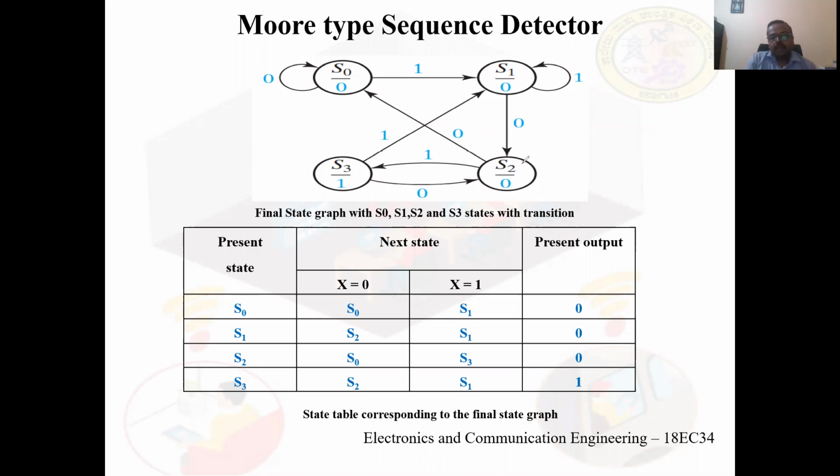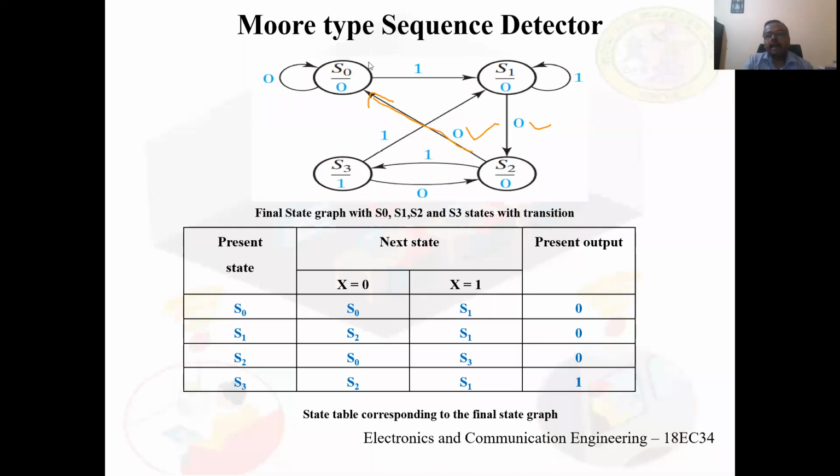And when it is in state S2 and it receives a 0, it will go to the state S0, which is the reset state, because 0, 0 is not the required sequence that we are looking for.